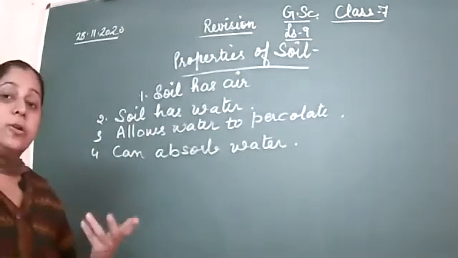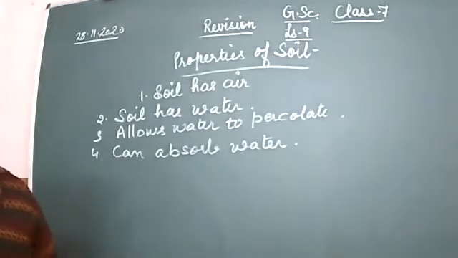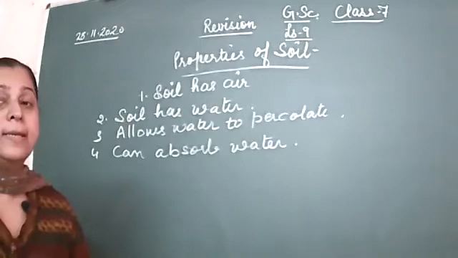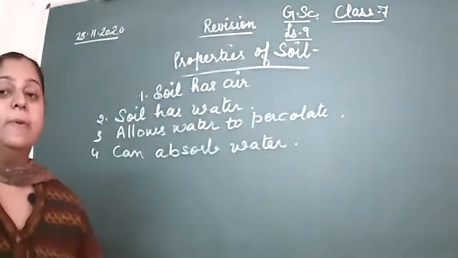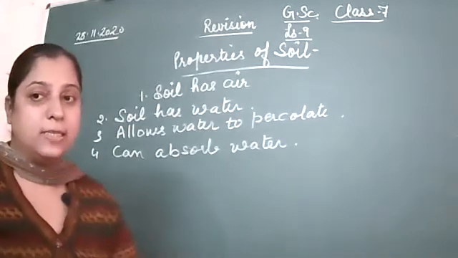When you add water to it, what will you see? Bubbles will come out. Why are these bubbles coming out of the soil? Because these are air bubbles, the air which was present in the soil.